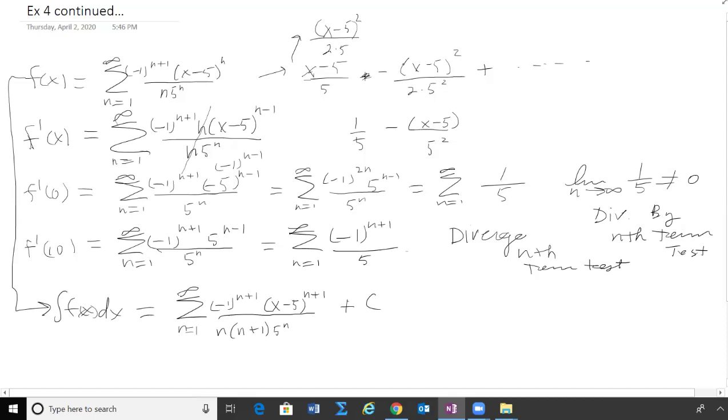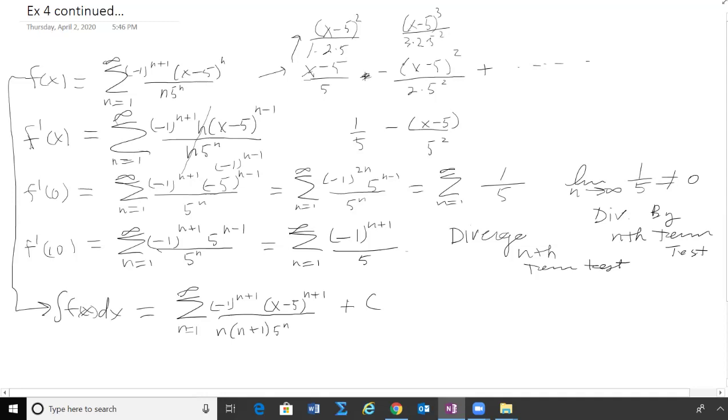Also, notice what happens to the denominator. Let's check that. We'd have a 1 times a 2 and a 5 to the first power. Well, that's what we have. We have 1 times 2 times 5 to the first. So that works. If you want, you could check the next one, which would end up being an x minus 5 to the third over 3 times 2 times 5 squared.